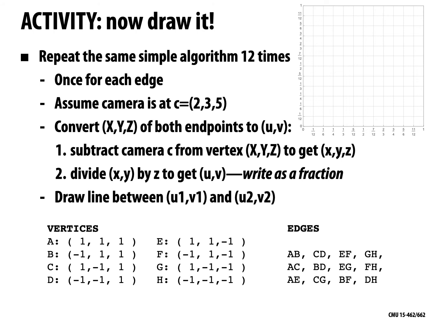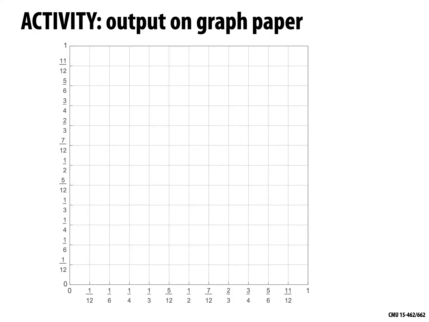That's the little subroutine that'll draw a single edge of the cube. Your overall rendering algorithm then is to just do a loop over all the edges and execute this subroutine 12 times. Okay? And so then you could go ahead and draw this on graph paper.